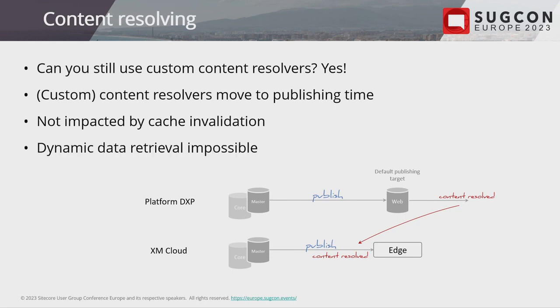So if you want to do dynamic data retrieval, it's no longer possible. For example, I gave you the example of a booking site, retrieving the availability, putting that in your custom content resolver, pushing that forward to the front end. You can't do that anymore, because the output living on the edge is more or less static. You do obviously have multiple variations for your personalization, for example, but the output is somewhat static.